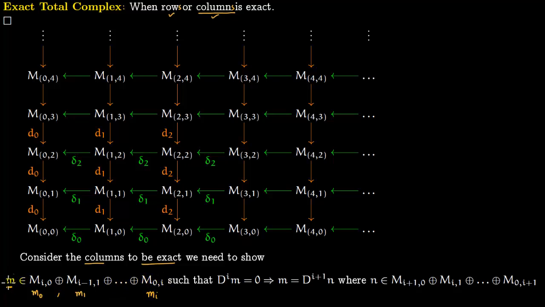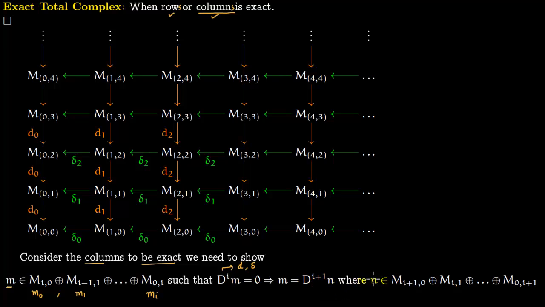lies in here. If m has this form and its total differential is 0, obviously the total differential will have two parts: the vertical differential d and the horizontal differential delta. If this m lies in the kernel, then m also lies in the image of some previous one.